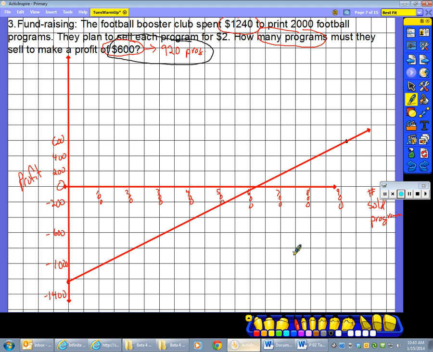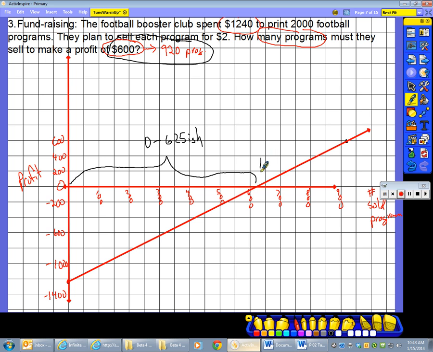Let me explain what's happening here. I see that from this section all the way over to this section, if I sell 0 programs all the way up to about 625-ish programs, what's up with my profit? Well, I have no profit. I'm losing money all the way up until there.